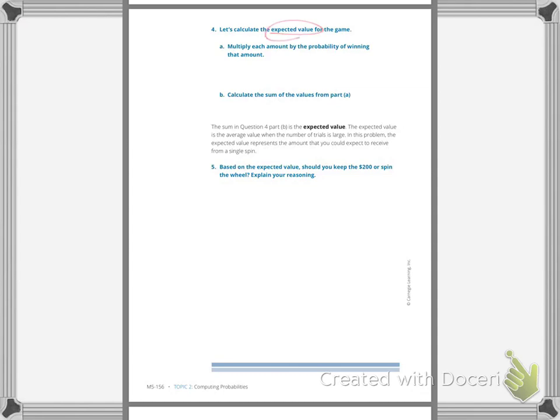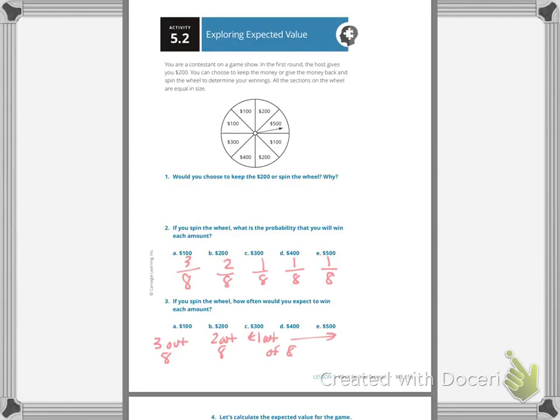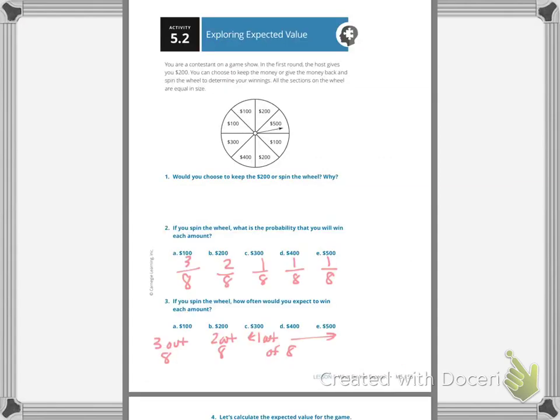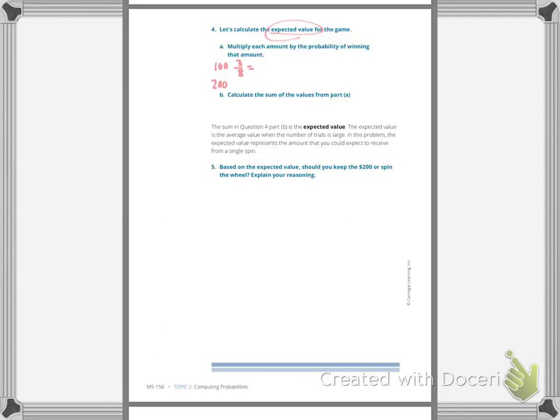Multiply each amount by the probability of winning. So if I go back, my 100 was 3/8. So 100 times 3/8. Then my 200 is going to be times 2/8, or 1/4. Okay, my 300, 400, 500 were all 1/8.